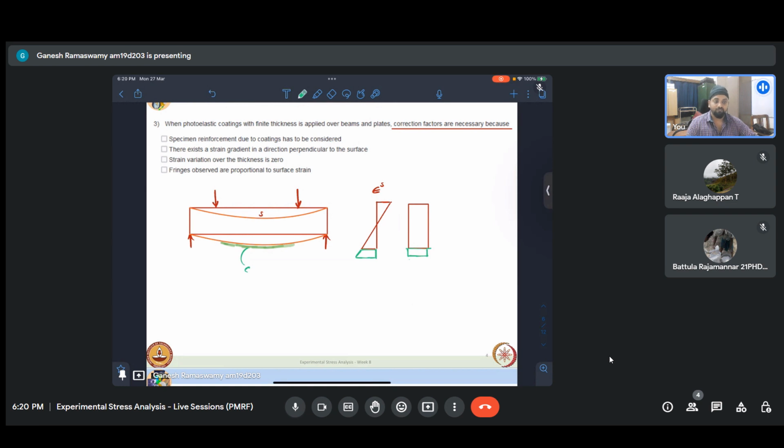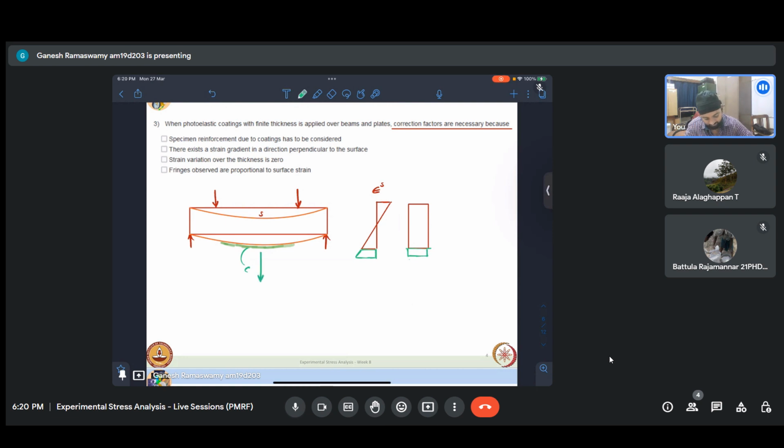In which case, from the back end of the coating to the front end, there is a variation of strain, which needs to be accounted for. So, with this background, specimen reinforcement due to coating has to be considered. There exists a strain gradient in the direction perpendicular to the surface. So, this is the surface. This is the direction perpendicular to the surface.